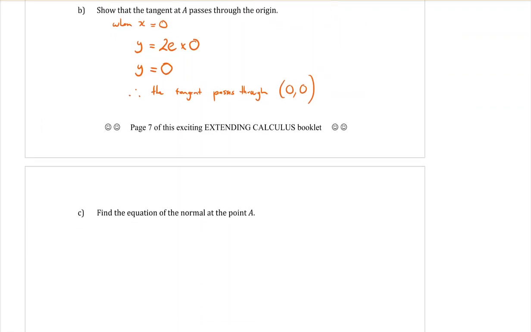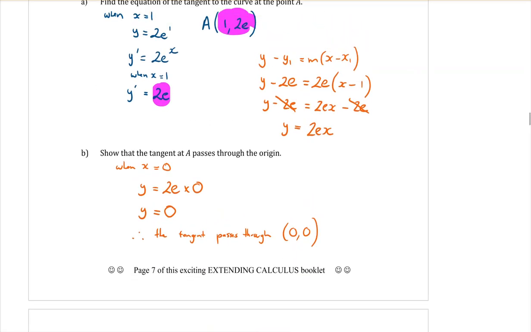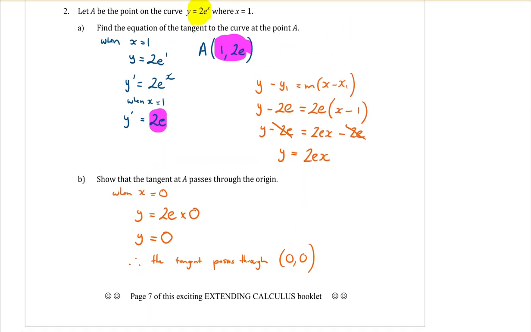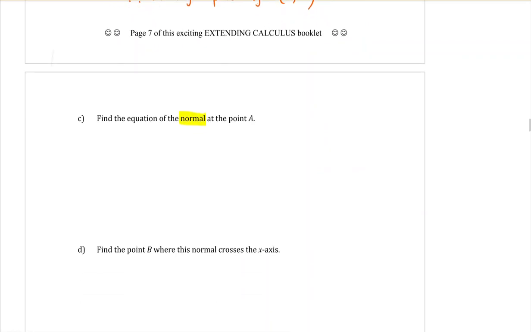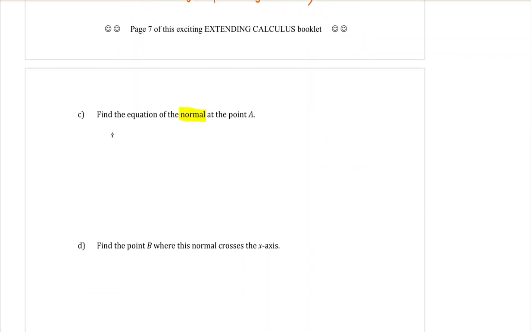Part C. Find the equation of the normal. Okay, important word to notice there. We're talking about a normal at the point A. So I know back here in part A, this gradient here is of my tangent, right? So if I want to find the gradient of the normal, I do a negative reciprocal.